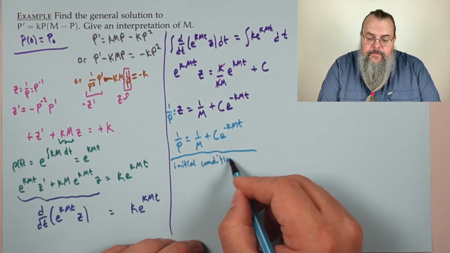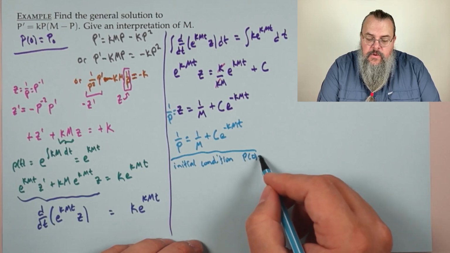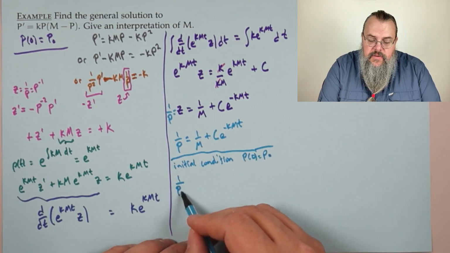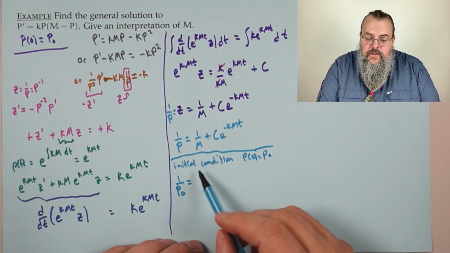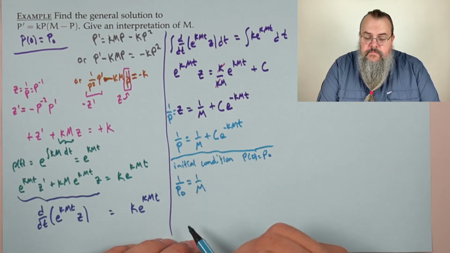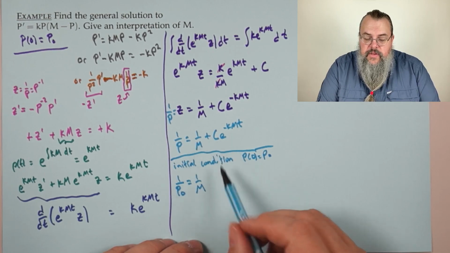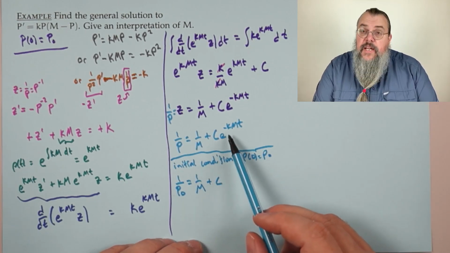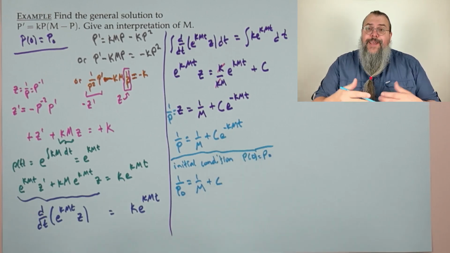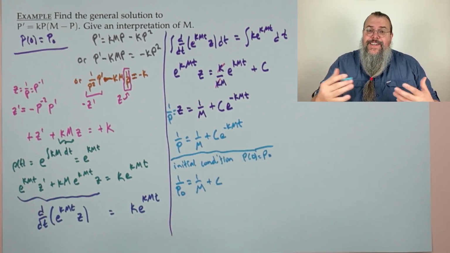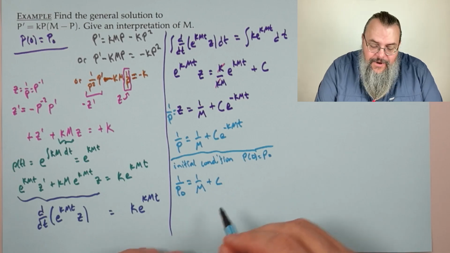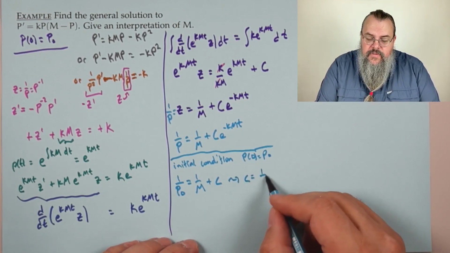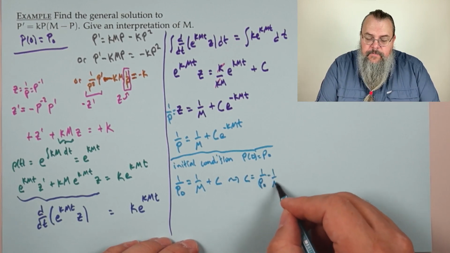We have 1 over p0 is 1 over m plus c, and then e to the minus k times m times 0. Well, k times m times 0 is 0, e to 0 is 1. So c is 1 over p0 minus 1 over m.